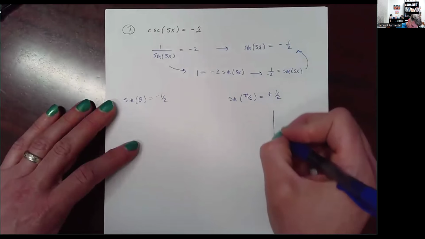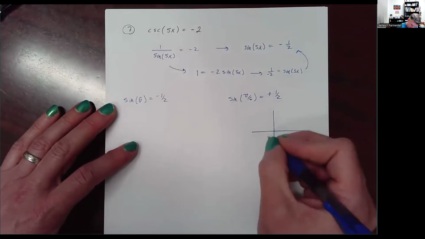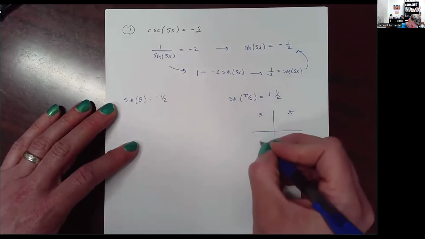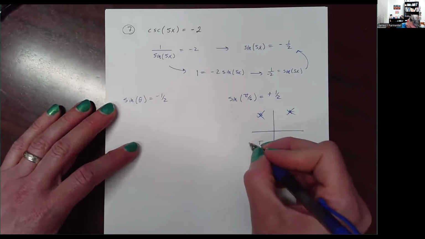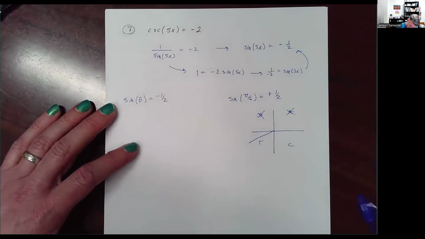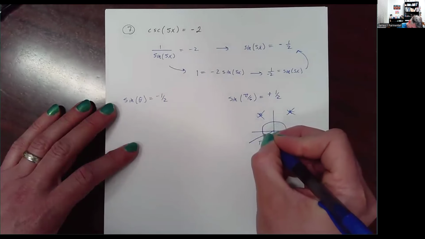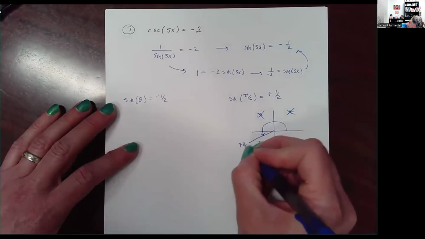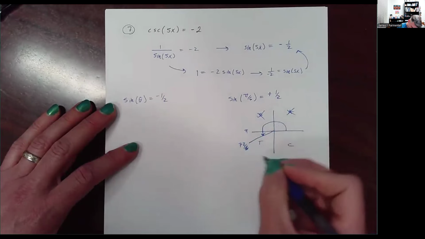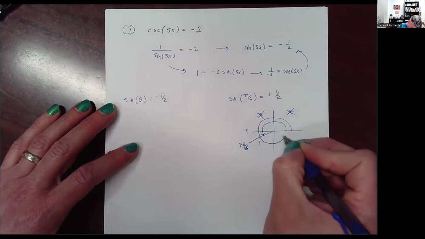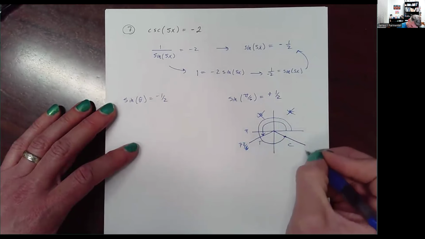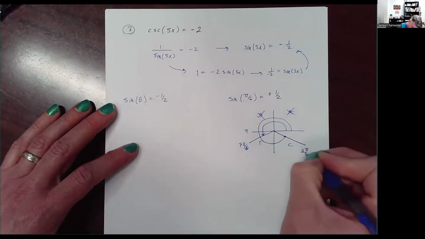The actual angles are going to be in quadrants 3 and 4. So in quadrant 3, the angle is going to be 7 pi over 6. It's pi plus pi over 6. And in quadrant 4, it's going to be 2 pi minus pi over 6, which is 11 pi over 6.